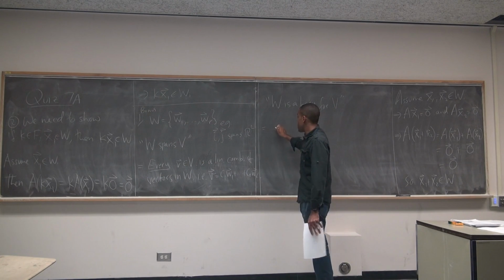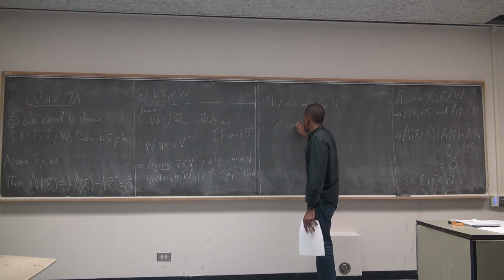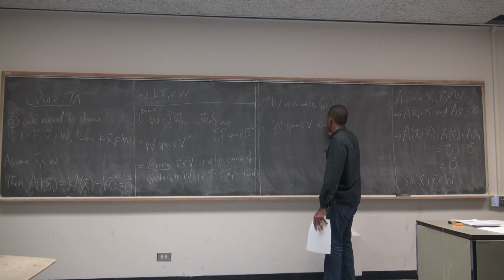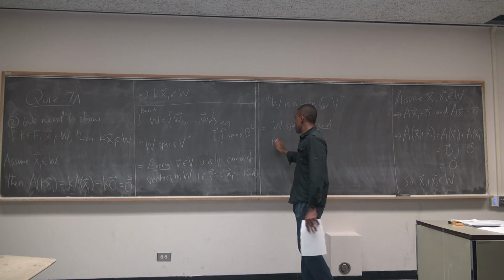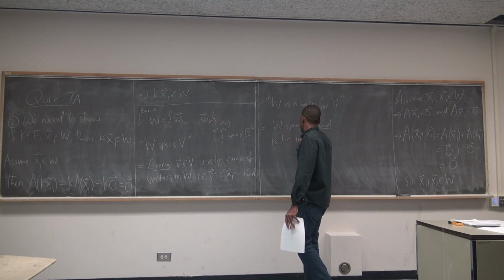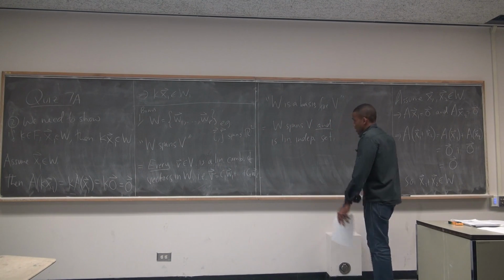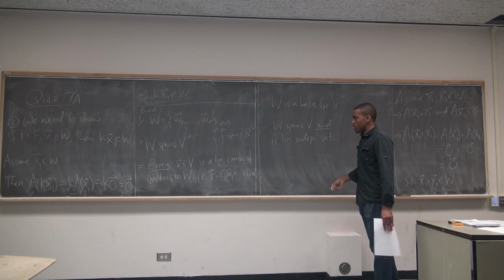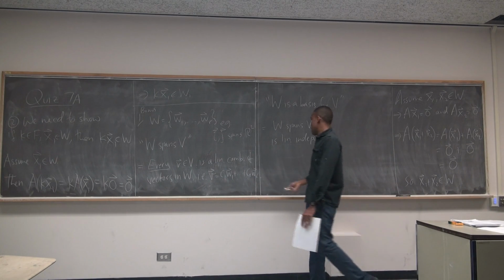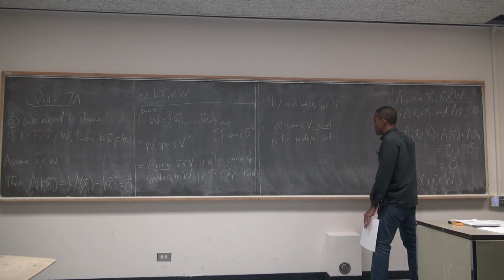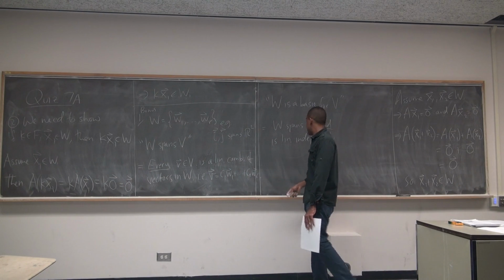Two things: W spans V and is a linearly independent set. Now, I didn't really just define what these things meant, but it's a bonus problem. So we are going to define them pretty soon. But that's what it means.